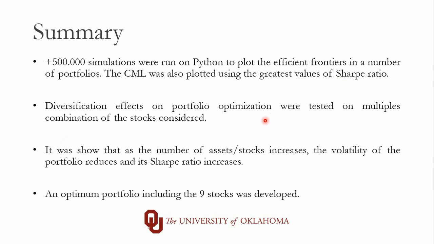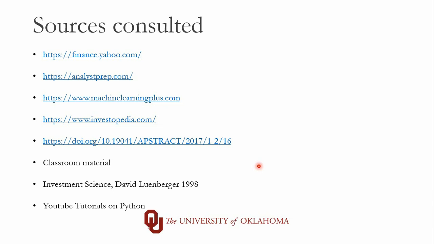Also, the effects of diversification and portfolio optimization were tested, and the results, as we just saw: basically, more stocks means less risk and a higher Sharpe ratio. And an optimum portfolio including all the nine stocks was developed. These are the sources consulted, and thank you very much for your time.